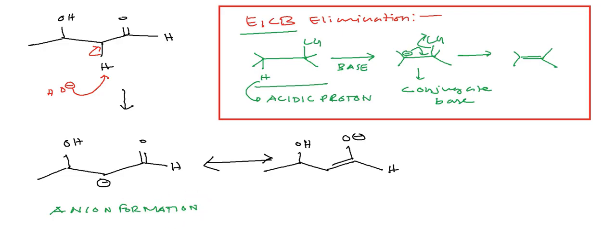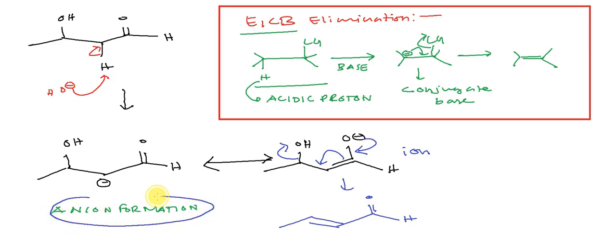Now, will this anion lead to the formation of the double bond? Let's see. This enolate ion will fall here, this will fall here, and then this OH will leave. Finally, the product that you will get is this alpha beta unsaturated double bond. As you can see, this elimination is happening through the anion formation.